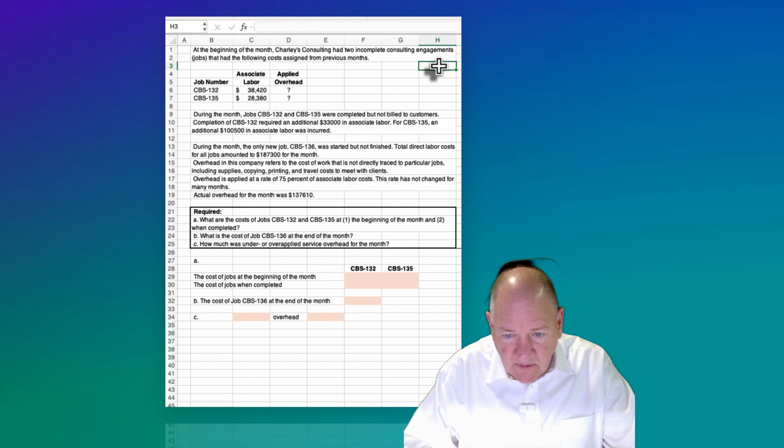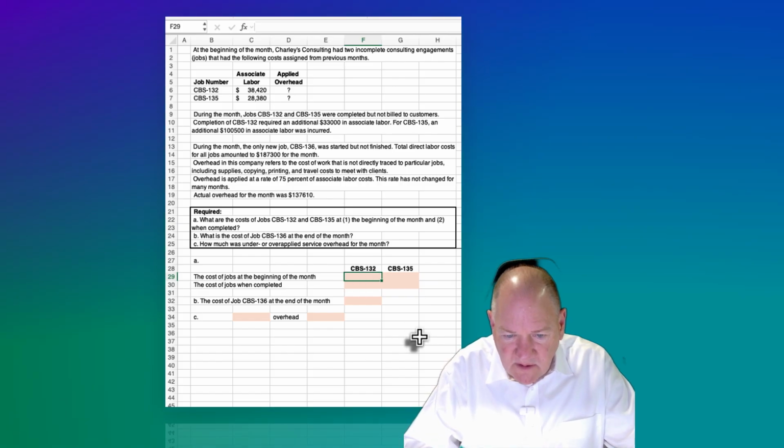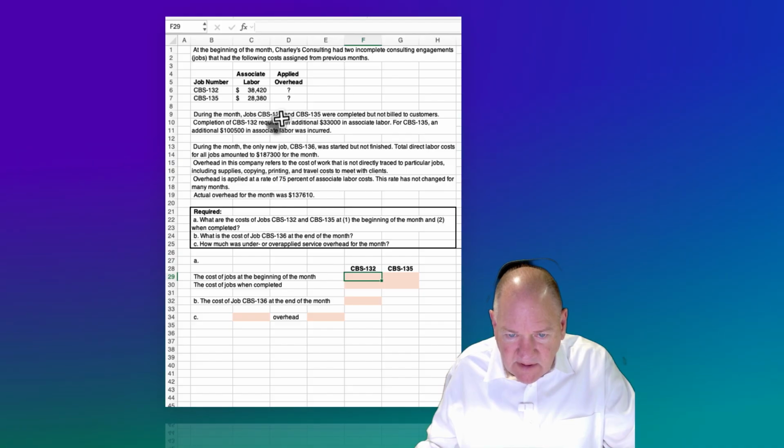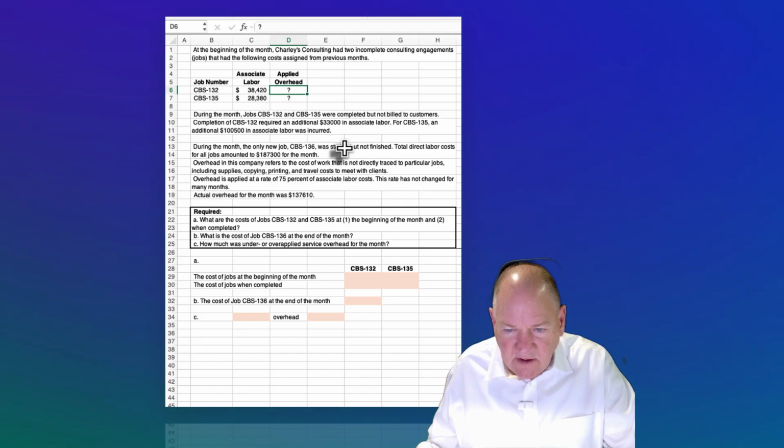All right, so let's look at the cost of jobs at the beginning of the month. I've got job 132. At the beginning of the month, that job has $38,420 worth of labor. And they didn't give us what the overhead was for that, but I think we can compute that.